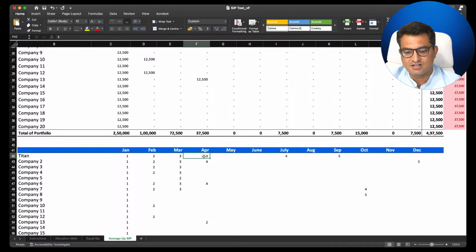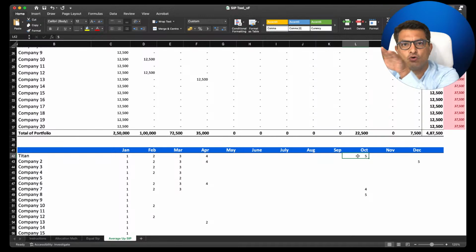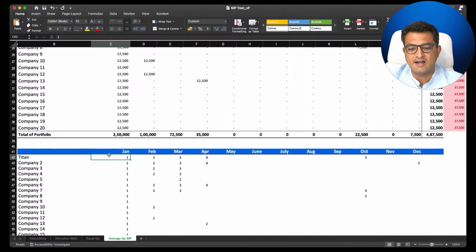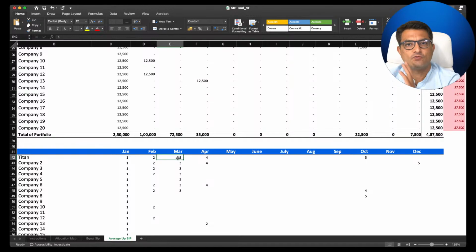April, I entered my fourth tranche. And my fifth tranche, only in October, I got the opportunity to add, because till then it started going sideways or it was flat. So this is how you need to just input the tranche number. Whatever month you want to add a tranche to any stock, whether it is company 1, 2, 3, whatever company you want to add, you just put 1, 2, 3, 4, 5 over there.